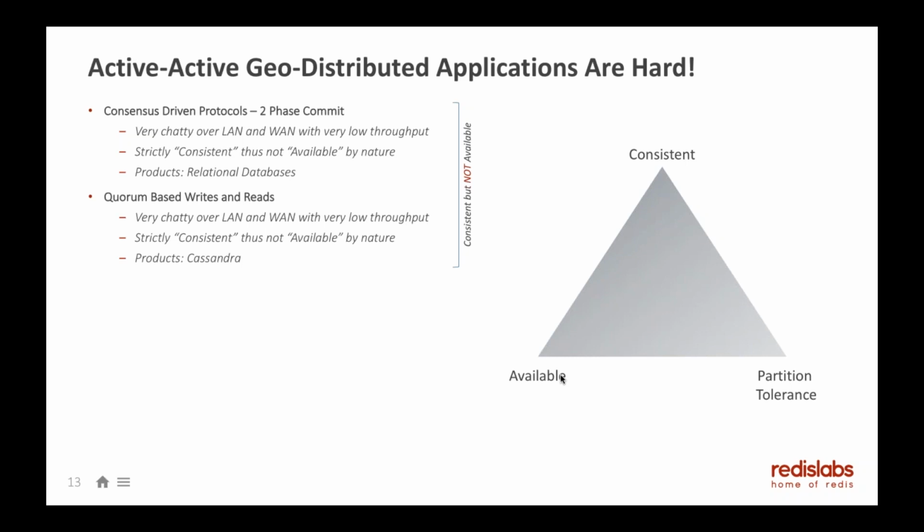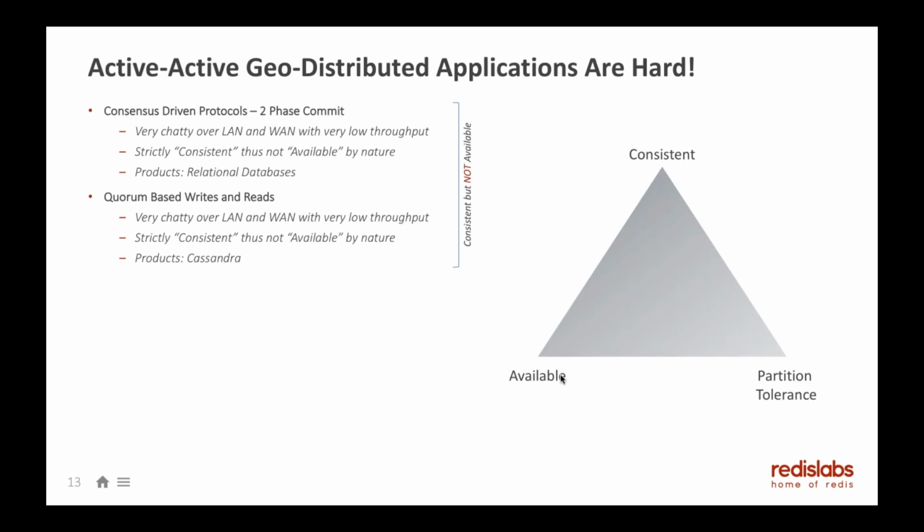Just as a primer, Eric Brewer's CAP theorem describes that consistent, available, and partition-tolerant are three important properties of systems. And in his initial work, he theorized that you can only get consistency and partition tolerance, or availability and partition tolerance. So only two of the three properties in your application. I'm going to use the consistency definition and the availability definition he has to describe some of these techniques.